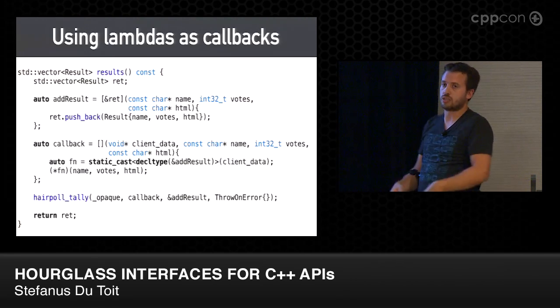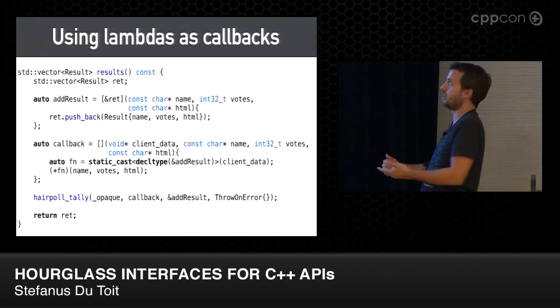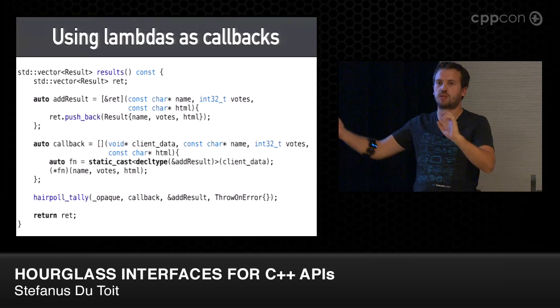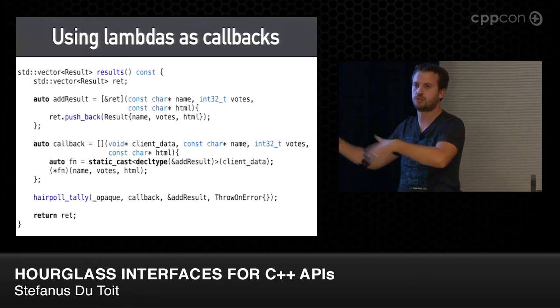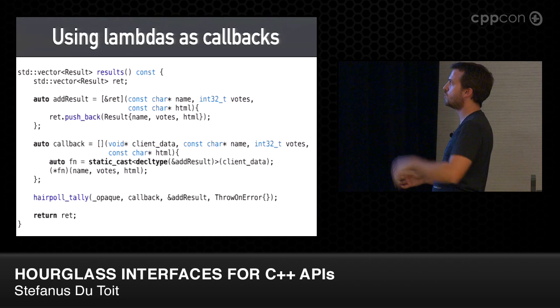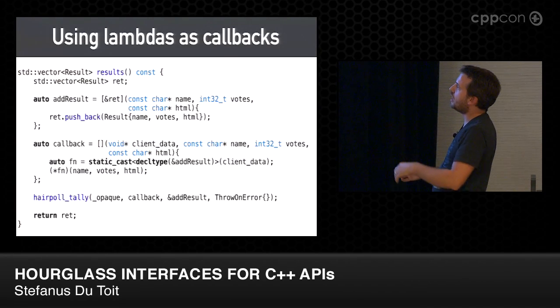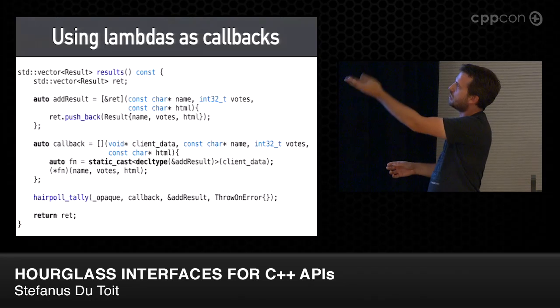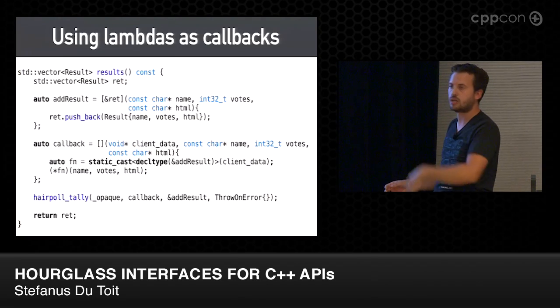It gets the arguments that the callback is called with, the name, the votes, and in this case, some nice HTML that includes a link or an image tag to the image of whoever's hair we're looking at. And then it pushes back into ret some internal thing. Maybe it's a struct, maybe it's a class.